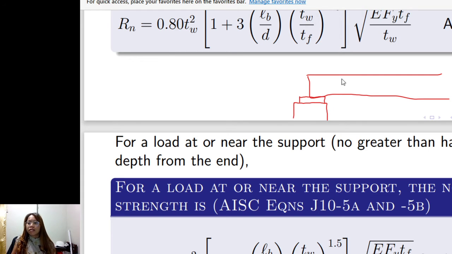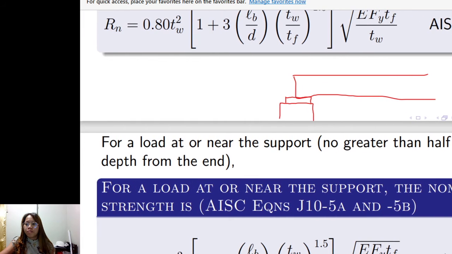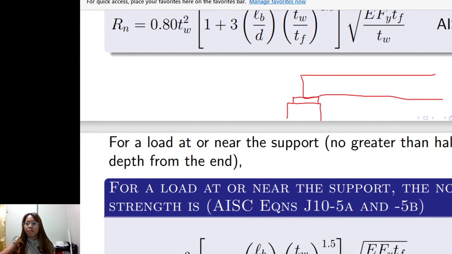So, according to this, a load at or near the support is no greater than half the beam depth. This is the depth of the beam, D. Half of this, D over 2 from the end, is where you consider the load to be at or near the support.